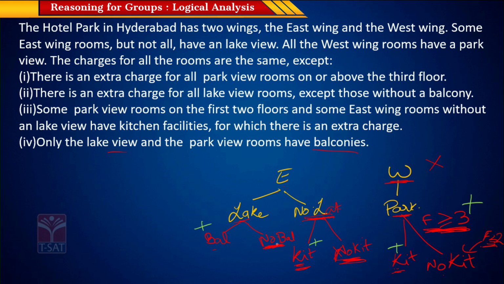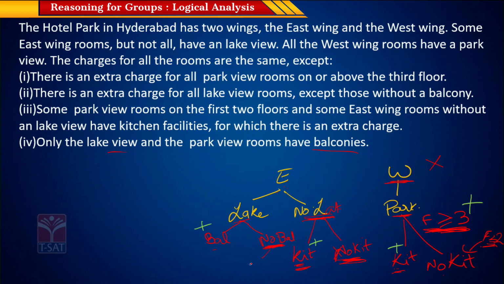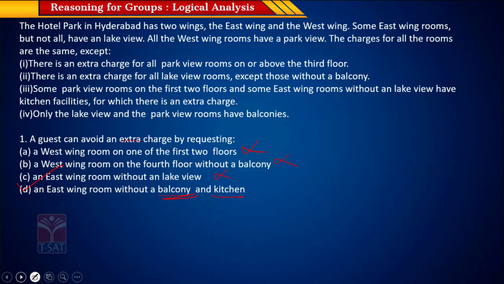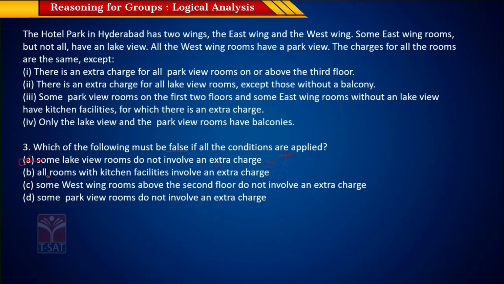Here it is not specified whether a room having a kitchen will be charged or not. This answer option is so definite, saying that all rooms with kitchen involve an extra charge. We cannot say for sure. Okay, let's put that aside and check the other two options, because this is a little iffy.